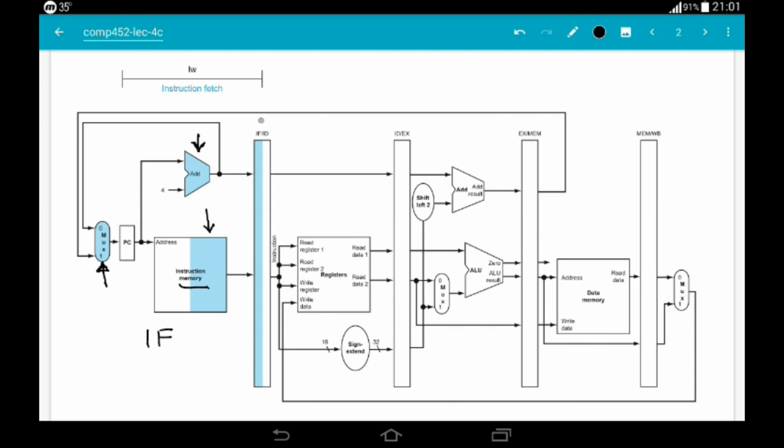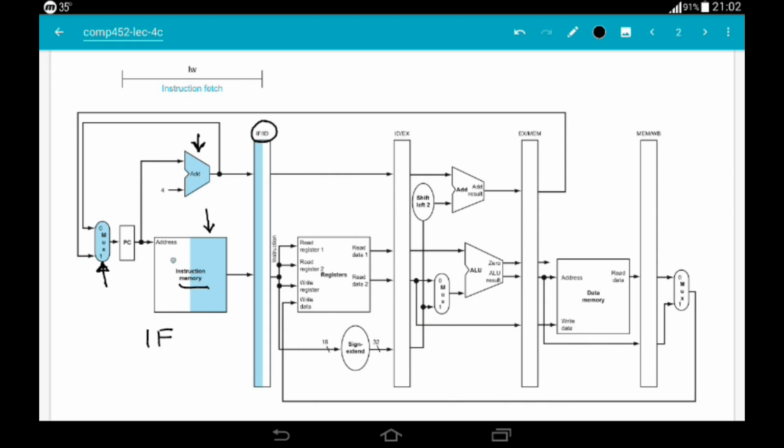Okay, now this is the interesting stuff. Here we have the IFID register, and if you look at this, the left half of the register is shaded. This means that data is being written into this register.